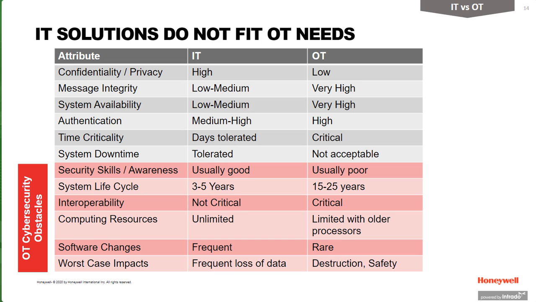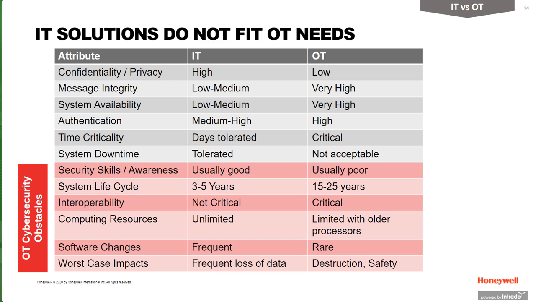And then you couple that with the system life cycle, where you have to support a system for decades, right? 20 years, 25 years, 30 years even. There are not as many software updates because the vendor has moved on, but you still have to support them, which means you still have to figure out a way to make sure that these systems are cyber secure.